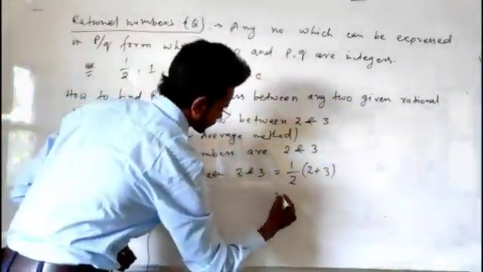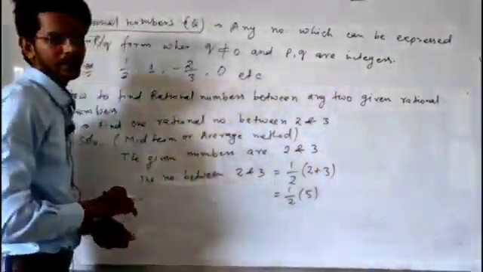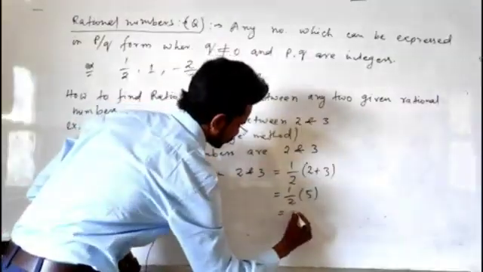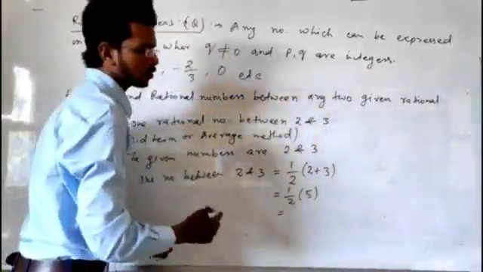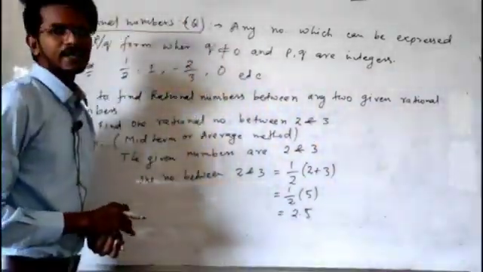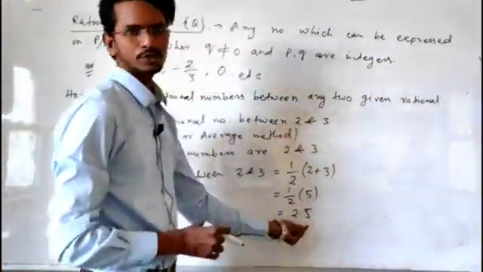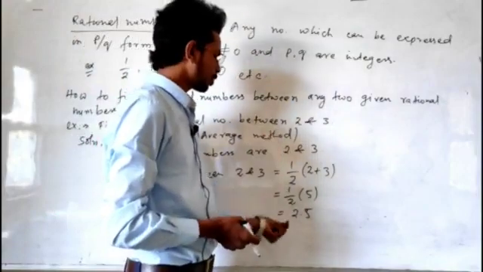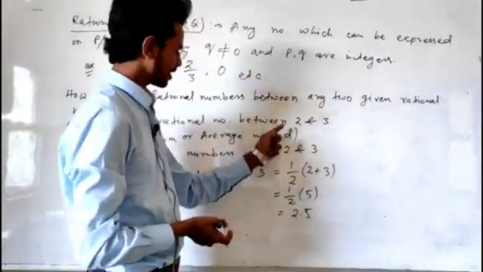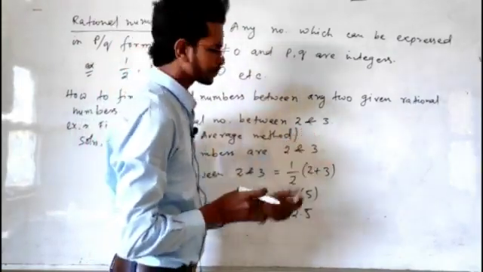Now solve this. We will find 1 upon 2 into 5, and for this we can find either 5 upon 2 or we can write 2.5. This is the required rational number between 2 and 3. Here 2.5 you can also see. 2.5 is the number which lies between 2 and 3 because it is 2.5.